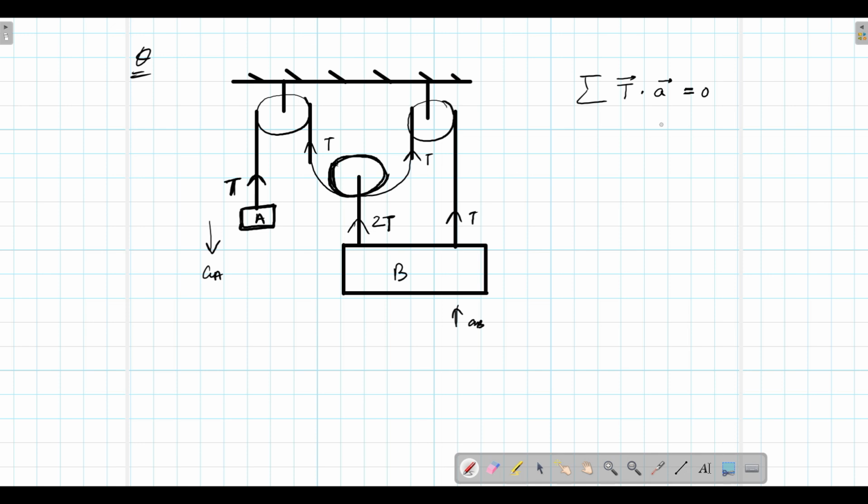As T dot A equals 0, both are oppositely directed.